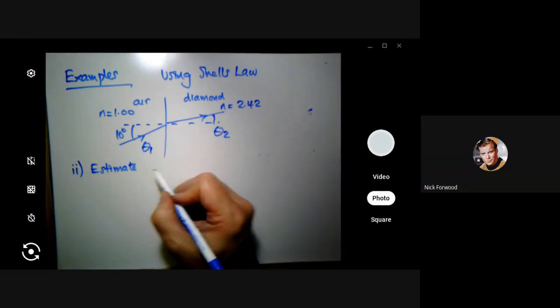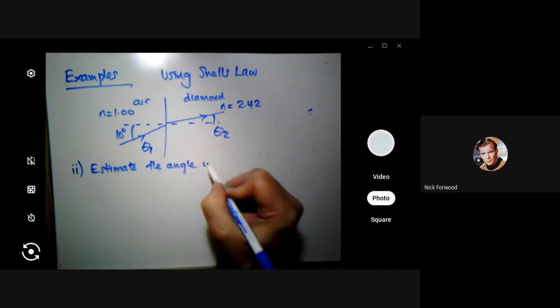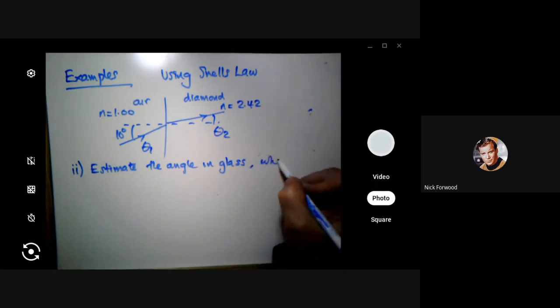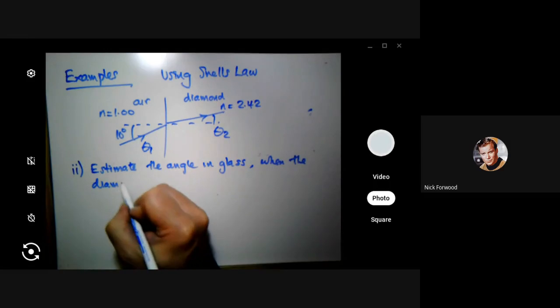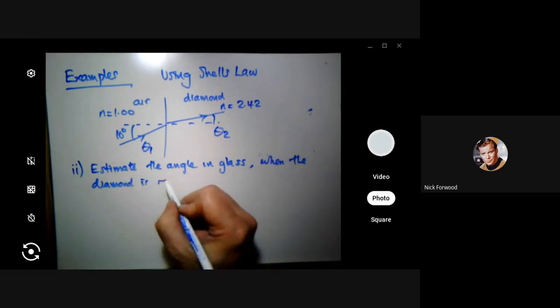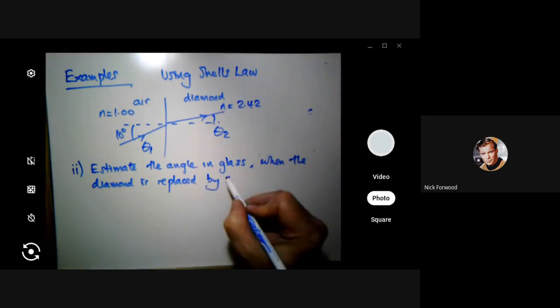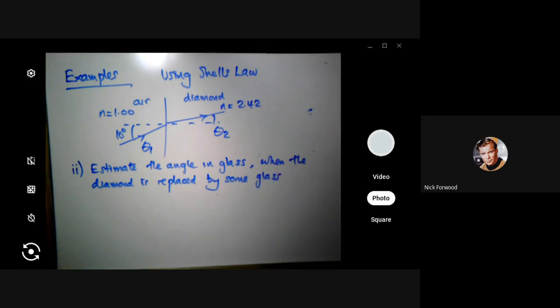Estimate the angle in glass when the diamond is replaced by some glass. Obviously it's in glass, it's been replaced by some glass. Okay, and you need to do some explanation.